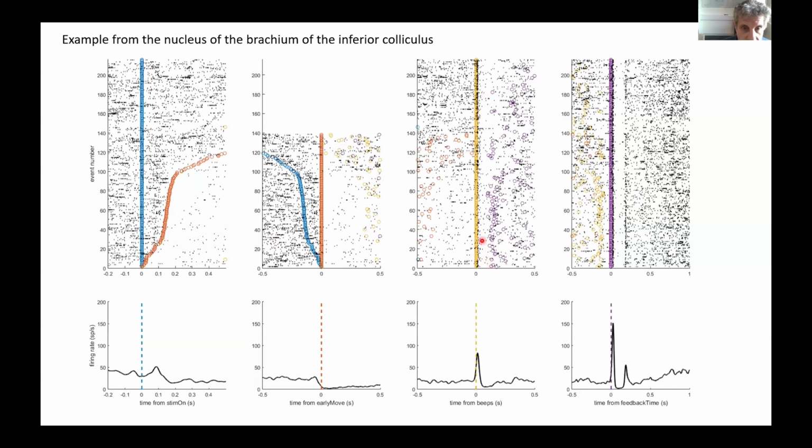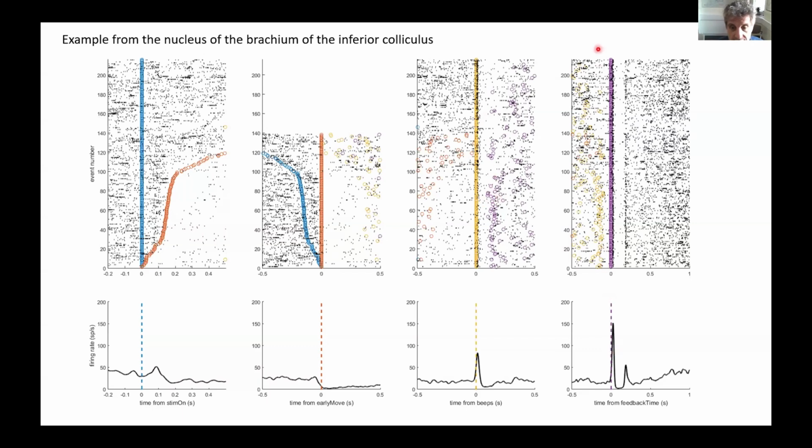So this is a cue, an auditory cue that the mouse gets that says it's able to receive a reward, even though it's already turned the wheel before that. And the purple here is the time of the reward delivery. I'm sorry, I got that wrong. So this is the time of the beep. And you can see there's a very rapid response to the beep, which you would expect because this is part of the subcortical auditory system. It's got a very, very rapid response to auditory stimuli.